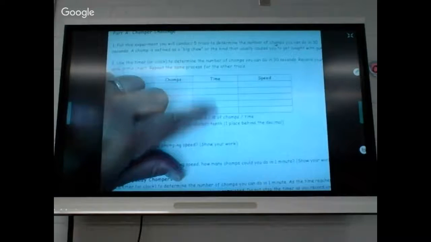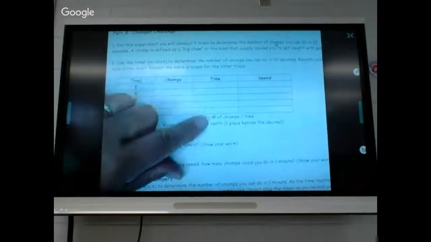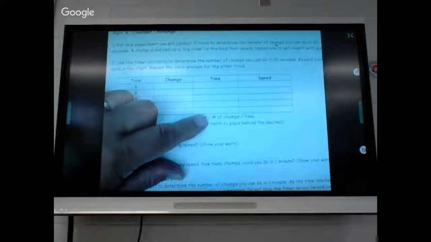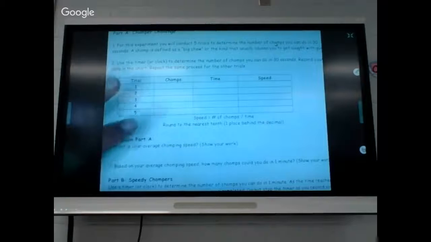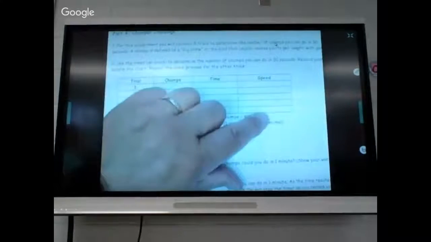Time will be what seconds? How long are you doing this? 30 seconds. Now every year I have people put 42 seconds, 50 seconds, 12 seconds. How long did I tell you to time yourself? 30. So do it for 30 seconds.